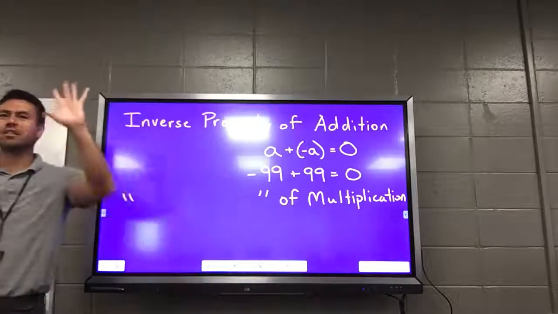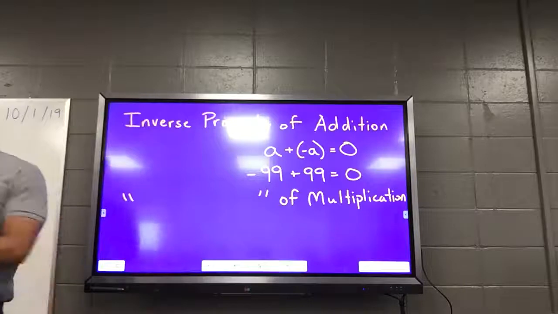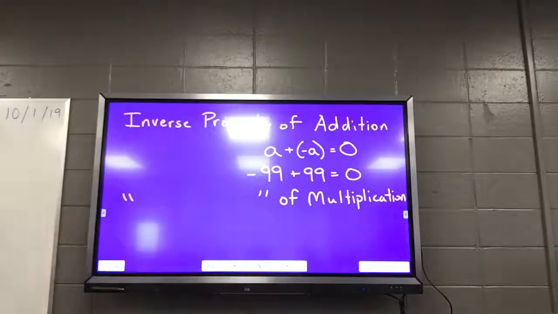This is a thinking question. Aiden, what do you think? You have negative 12 times 12. It's equal to whatever 12 times 12 is, but negative. Okay, good. He got it. Ready, guys? Any number times its opposite. That's not the property. I'm just trying to see if you guys are really thinking.